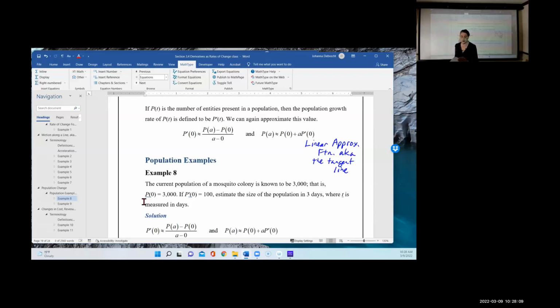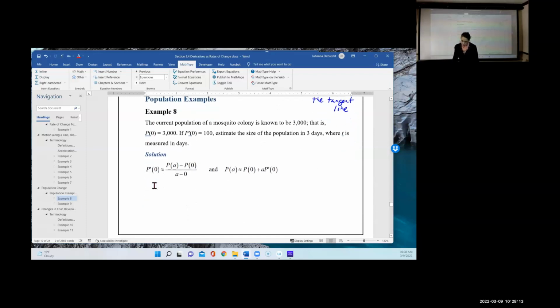So if we're going to do this one, we're going to use the approximation function that we have up above, and we can say that P of 3 is approximately equal to P of 0, the original population, plus the change in time, which is 3 days, times the rate of change at time equals 0.